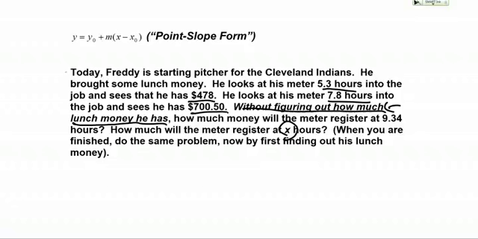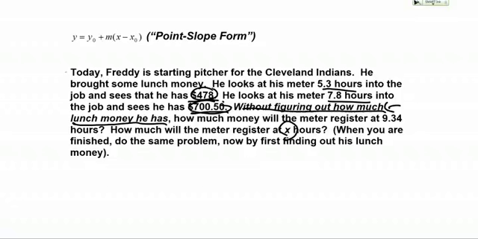Well, even without knowing any formula, hopefully it's a little bit easy to see how we're going to figure that out. We only want to deal with how much money he's earning per hour. Obviously, it doesn't have anything to do with his lunch money. We know that at 7.8 hours, he has $700.50, and at another time, 5.3 hours, he has $478.